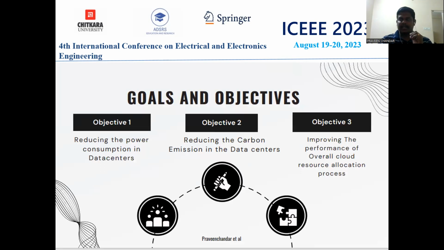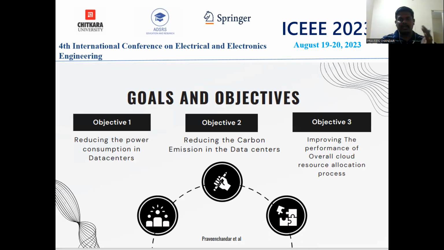Our ultimate intention is to reduce the power consumption in the data centers with the help of task scheduling algorithms. By reducing the power consumption, the carbon emission in the data center is also going to be reduced.